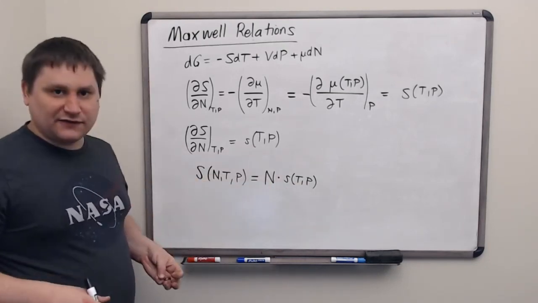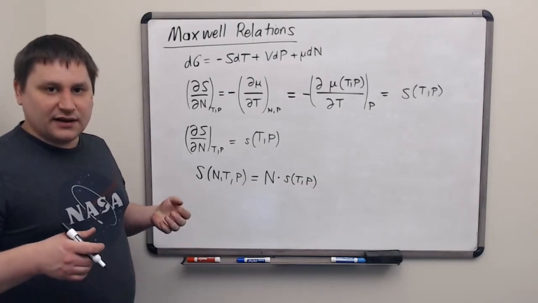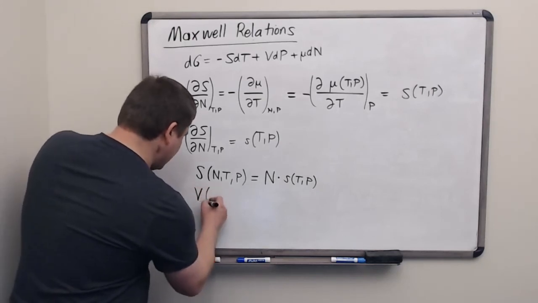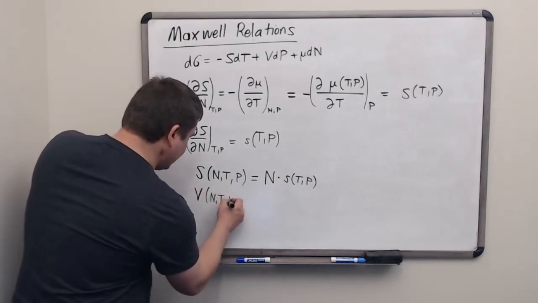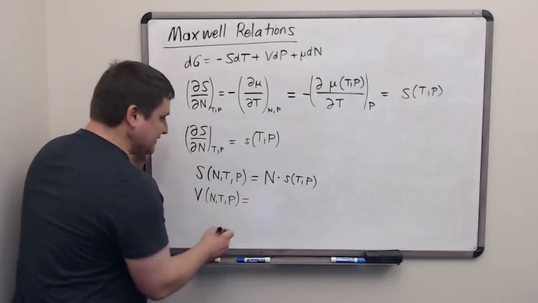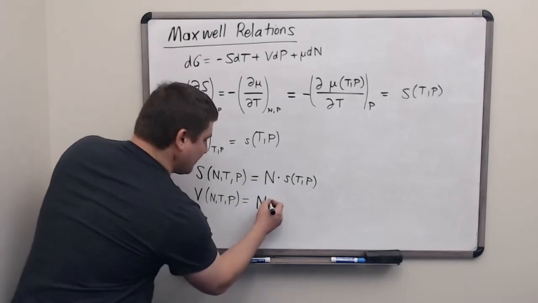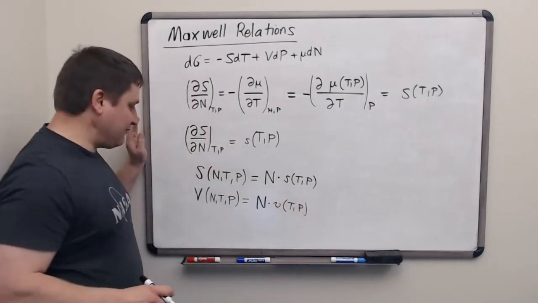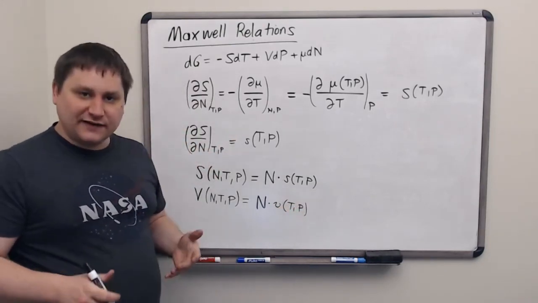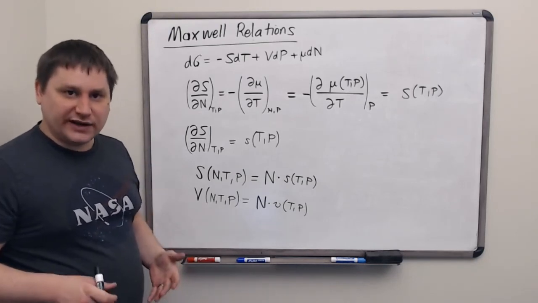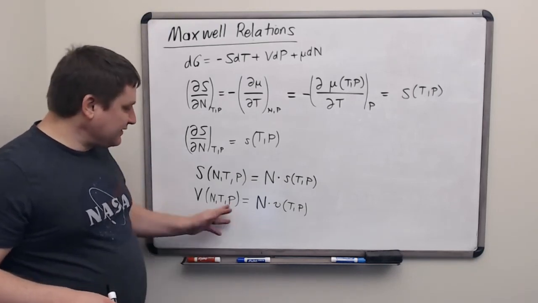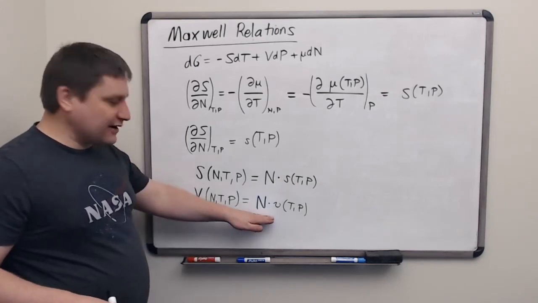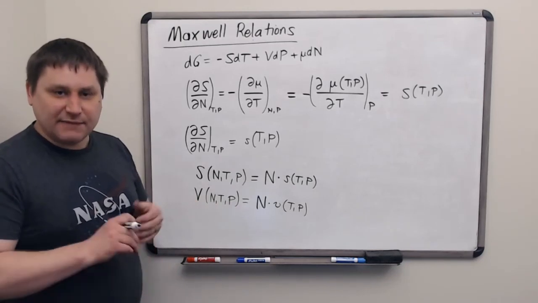We can do similar things for most of the other extensive variables we find. The volume, expressed in terms of number of particles, temperature, and pressure, must be equal to the number of particles multiplied by some intensive function of temperature and pressure. And we'll find this is true for any thermodynamic model we can cook up. If we express it in terms of n and intensive variables, then the n can only exist as a multiplying factor that makes it scale correctly.